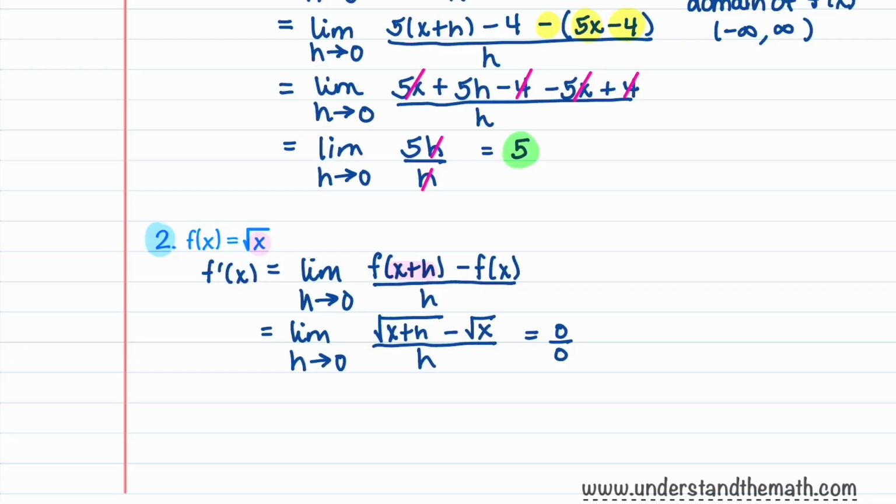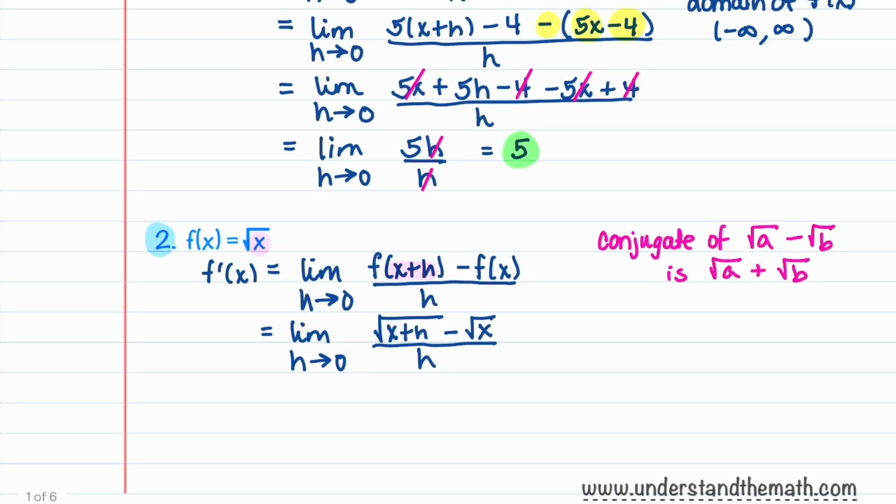That tells us that we should multiply by the conjugate. Let me write up here what the conjugate is. The conjugate of the square root of a minus the square root of b is the square root of a plus the square root of b. I'm going to go ahead and erase the 0 over 0 just because we're going to run out of space if I don't.